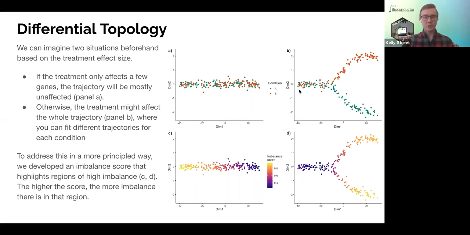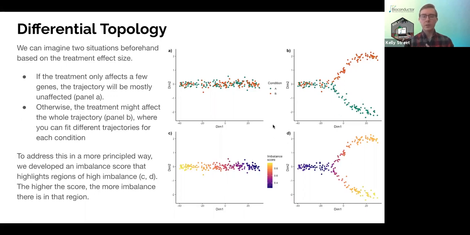But we could just as easily have a situation like panel B, where the two conditions diverge and they end up in different places. And so if something like that happens, it might not be appropriate to fit a single trajectory to both conditions. It might not be appropriate to fit, say, a branching trajectory because the fact that, you know, an early cell is condition B means that it's already determined it will end up in this branch, not in this branch.